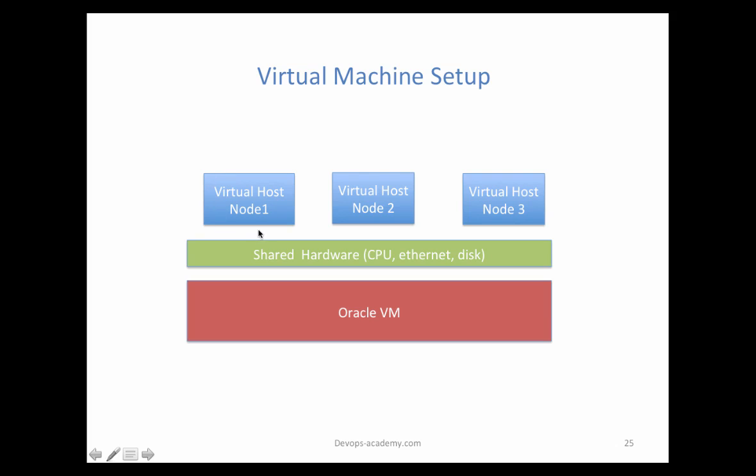So as of now, we are using only one host. These hosts share a CPU, Ethernet, and disks. All are virtual here. This Oracle VM takes part of your disk and makes it logically available to these virtual hosts.